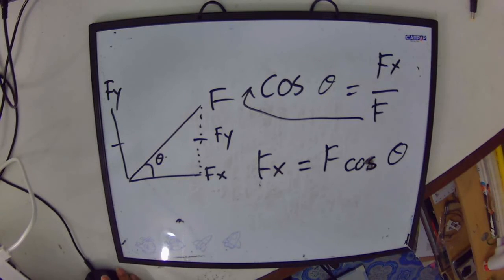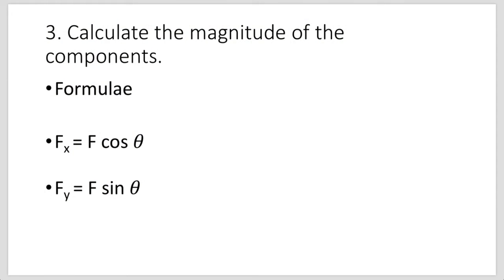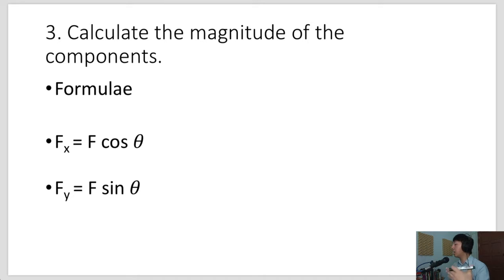So now to make it easy, you can just memorize this. There's nothing wrong with memorizing this as long as you understand where it comes from, and why Fx equals F cos theta and why Fy equals F sin theta. Now, the other thing you need to be careful about when answering questions is to look at which angle is given.